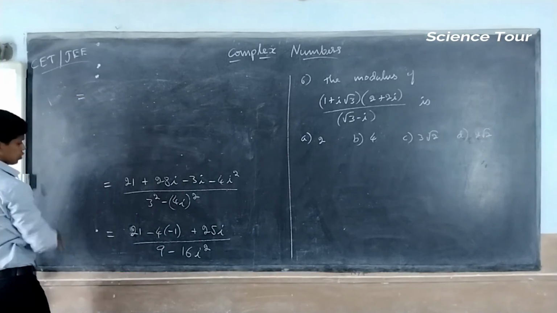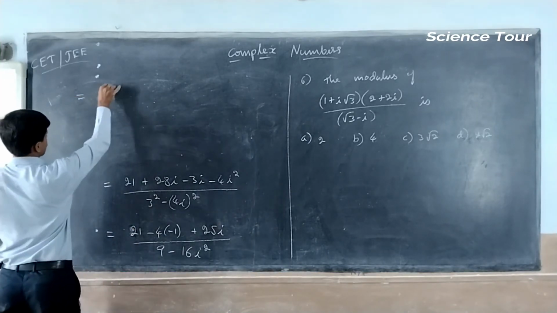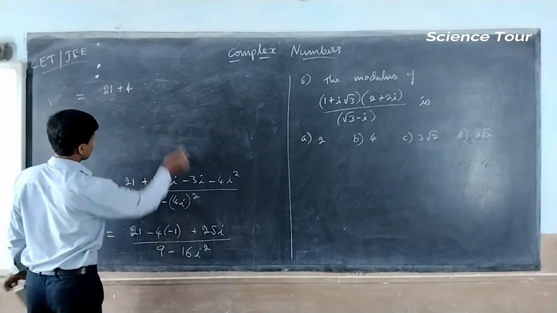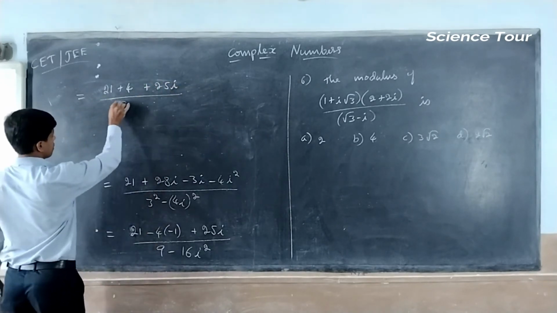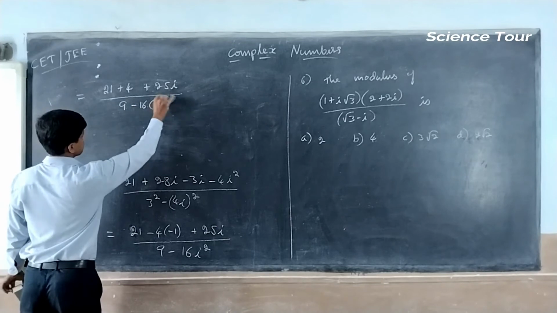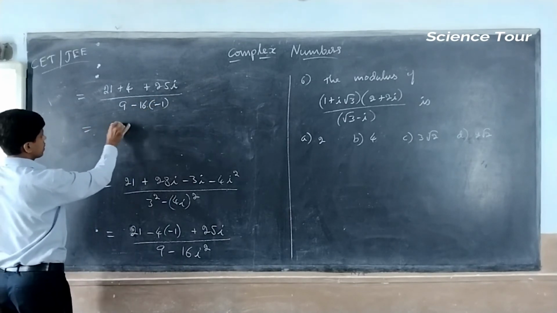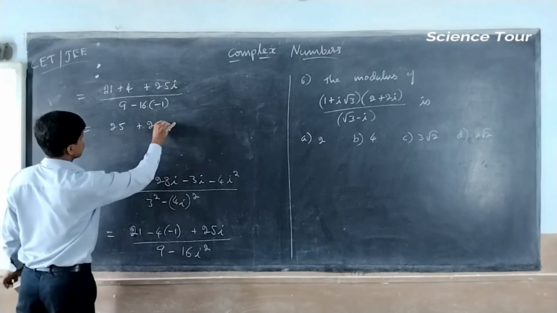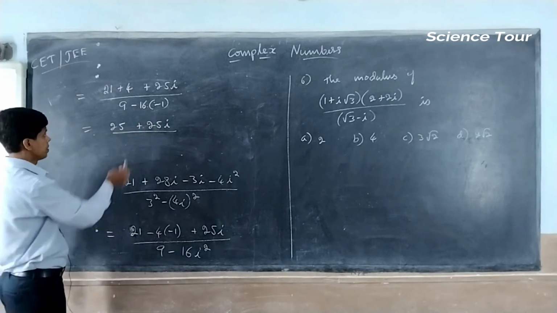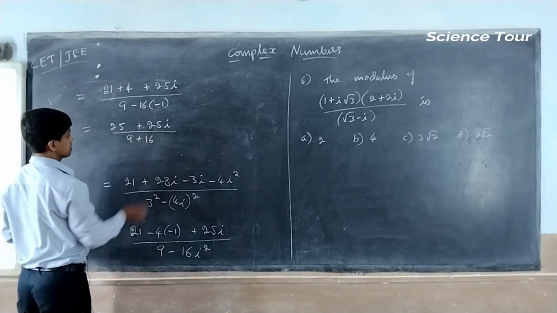That is equal to 21 plus 4 and plus 25i divided by 9 minus 16 into minus 1, which is like 21 plus 4, 25, and then 25i, over 9 plus 16.